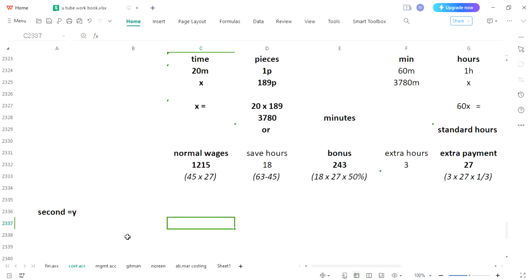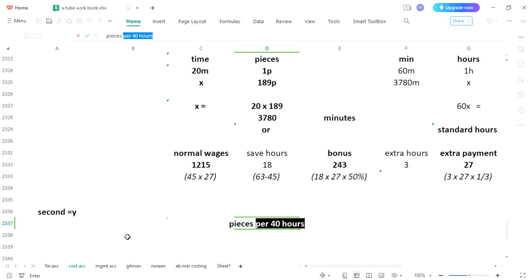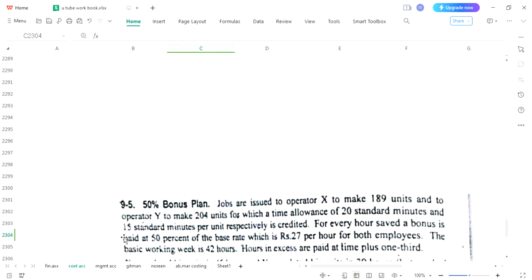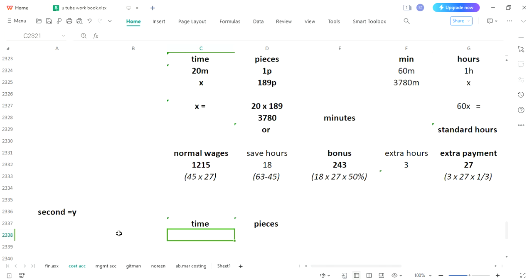Let's start. We are given time and pieces or units. We are actually related with pieces only. This extra thing we do not need. The time which is given to Y is 15 standard minutes. Here you can write 15 minutes are given to produce one piece.